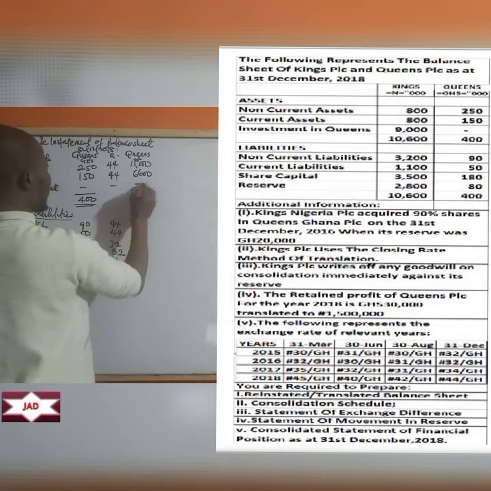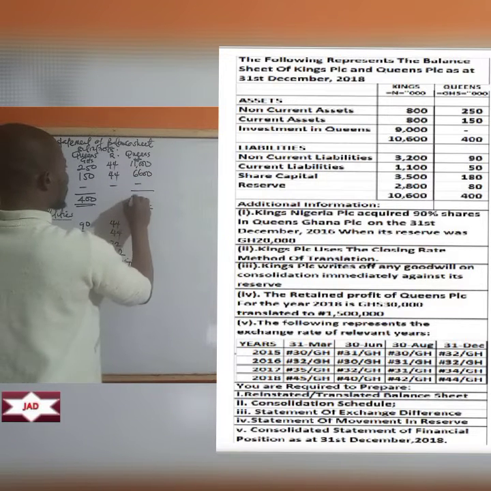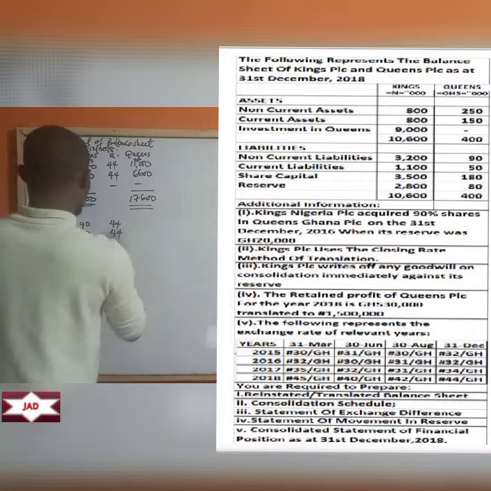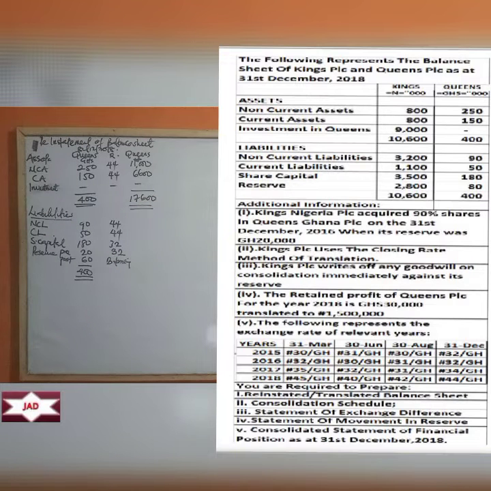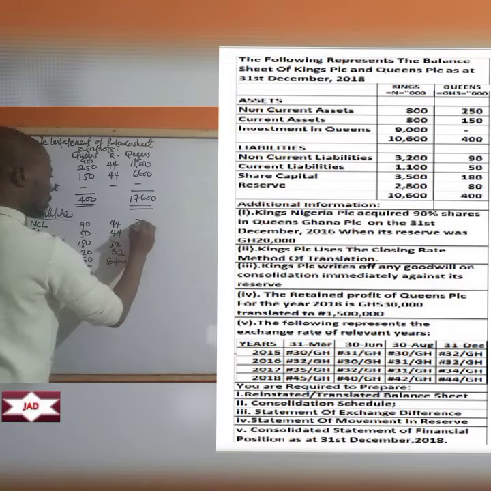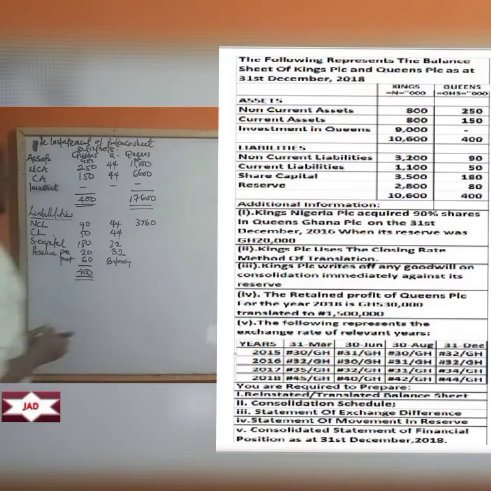So what do we have here? This should be 17,600. So what's this? 90 times 44 is 3,960. 50 times 44 is 2,200.